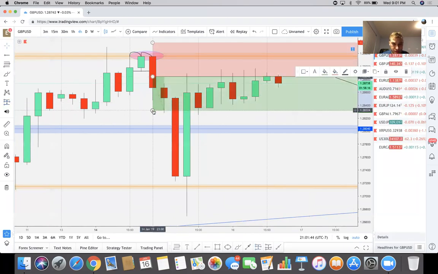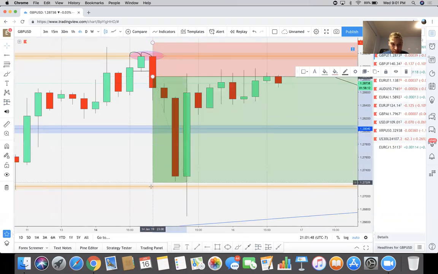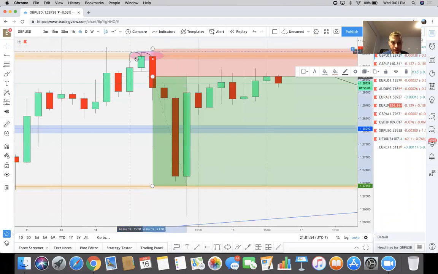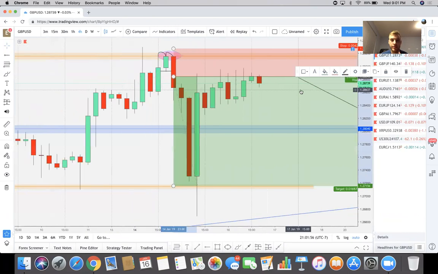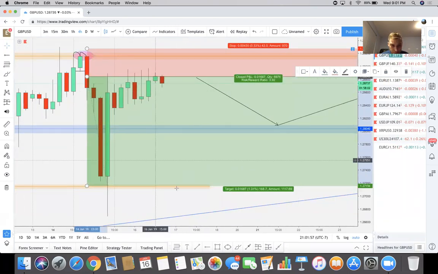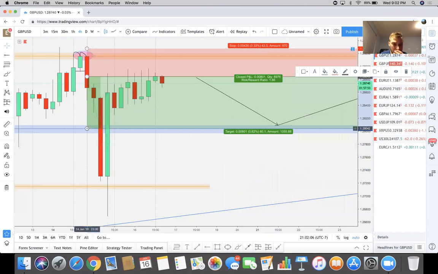My first take profit would be at this equilibrium level right here, and my second take profit would be right there. And you can see if we put our stop loss right above these highs right here, our stop loss would have been fine, and our second take profit would have got hit for 168 pips, only risking 43. And our first take profit would have gotten hit for 40 or 80, still only risking 43.